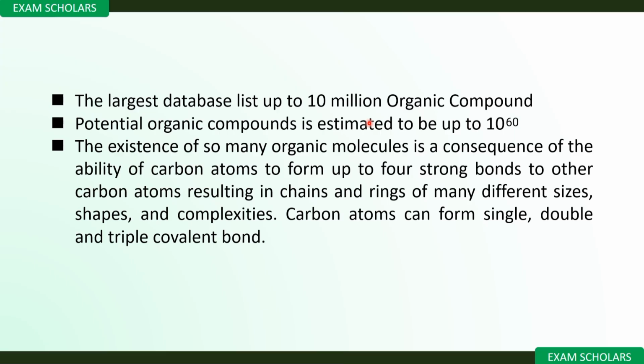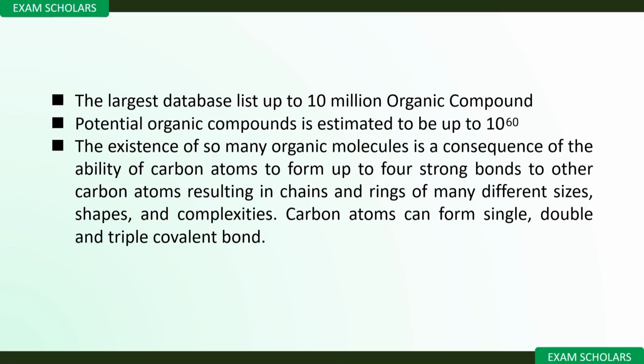Now let's look at the reason why we have numerous organic compounds. The existence of so many organic molecules is a consequence of the ability of carbon atoms to form up to 4 strong bonds to other carbon atoms, resulting in chains and rings of many different sizes, shapes, and complexities. A carbon atom can form single, double, and triple covalent bonds. All these things simply mean the ability of carbon to catenate.